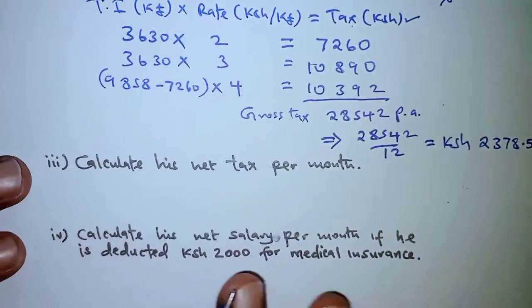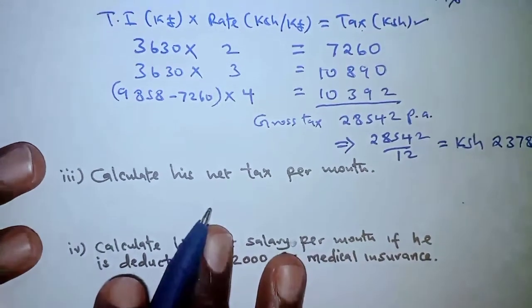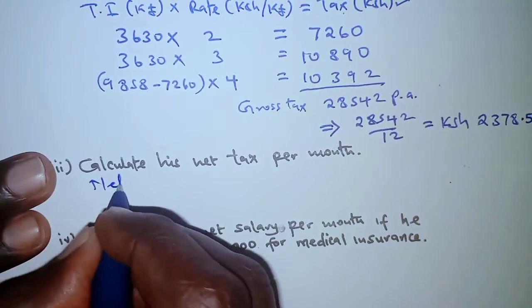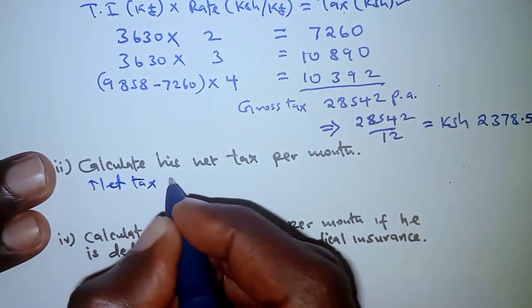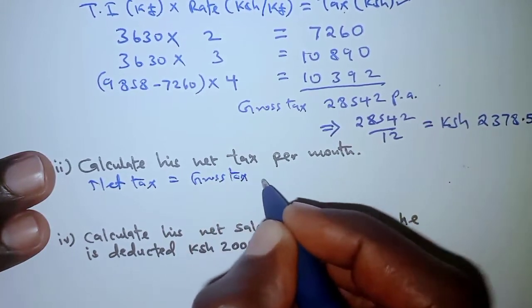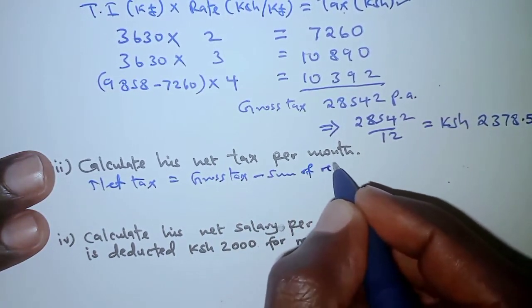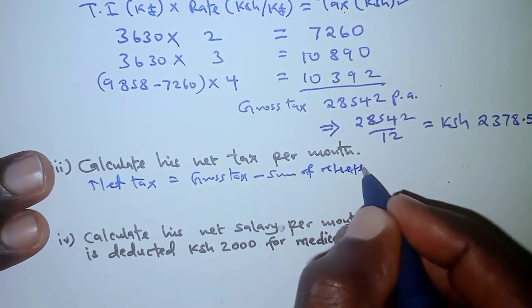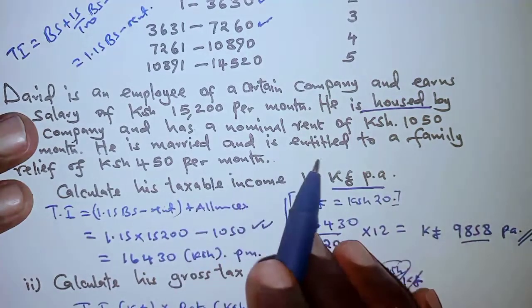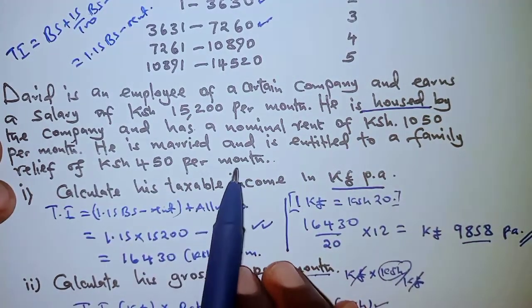Then for the next part, we are required to calculate his net tax per month. So the net tax is gross tax less the sum of reliefs. In the question, we are told that he is married and is entitled to a family relief of 450 shillings per month.